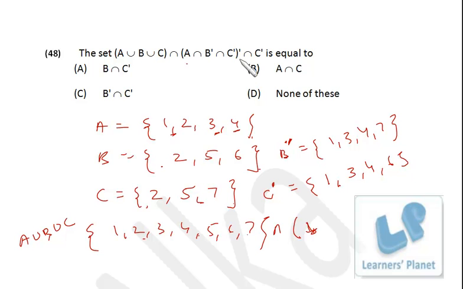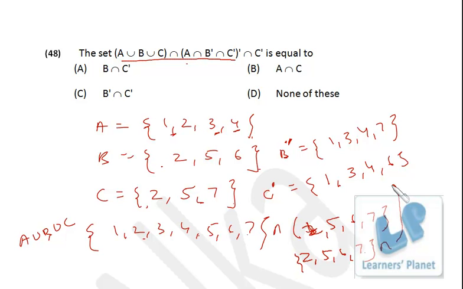And we have to find the dash of 1, 3, 4. So 1, 3, 4 dash is actually 2, 5, 6, 7. So this expression, 1, 2, 3, 4, 5, 6, 7 and 2, 5, 6, 7, will be 2, 5, 6, 7. Up to here it is 2, 5, 6, 7. Now we have to see the intersection with C dash.